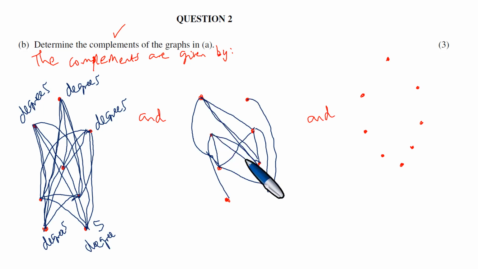You can join this one with this one here. You can join this one here. You can join this one with this one here. You can join this one with this one here. As a consequence, you can join this one with this one because they were not joined. This one because they were not joined. You can join this one because they were not joined. This and that because they were not joined.